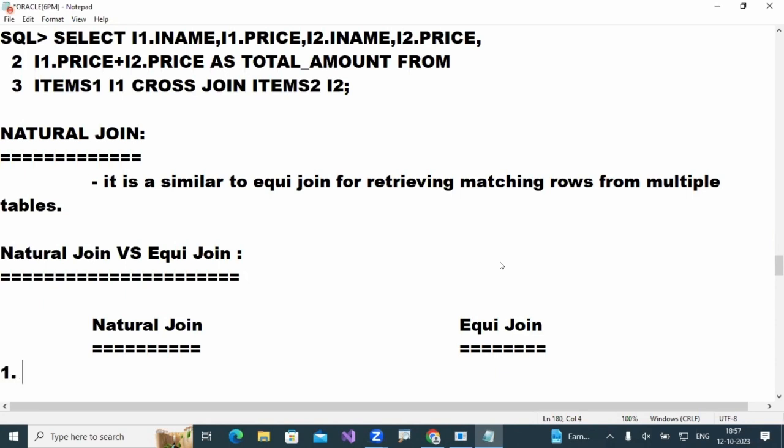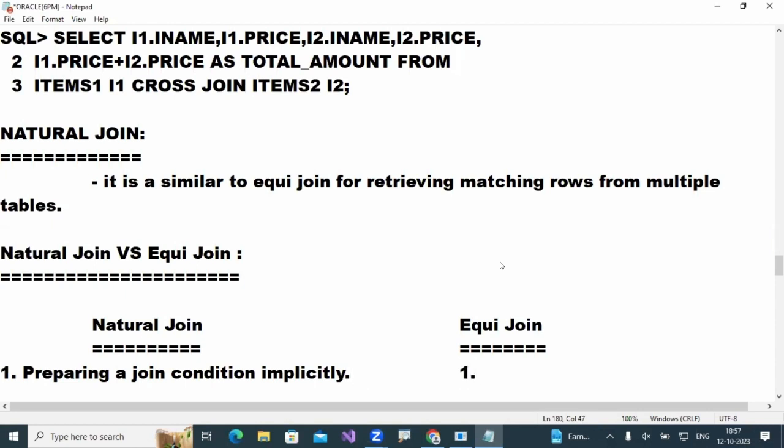Okay, first point, what we said: preparing a join condition implicitly. Implicit means automatic, system defined.